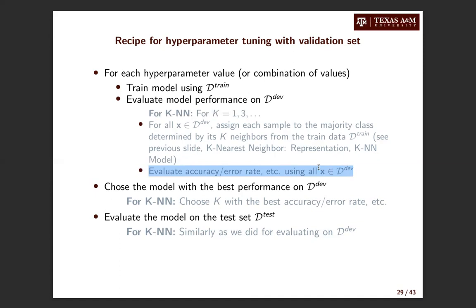Now, for the K that we have found to yield the best result on the development set, we use that K, and then we evaluate our test data using that K, and report the result for this test data using the K that has been identified on the development set.